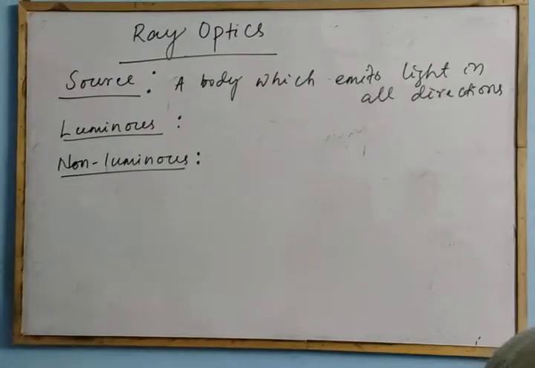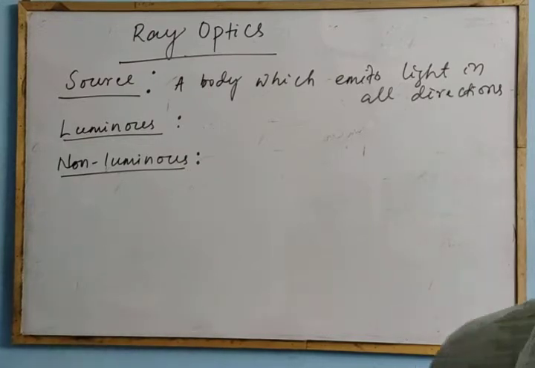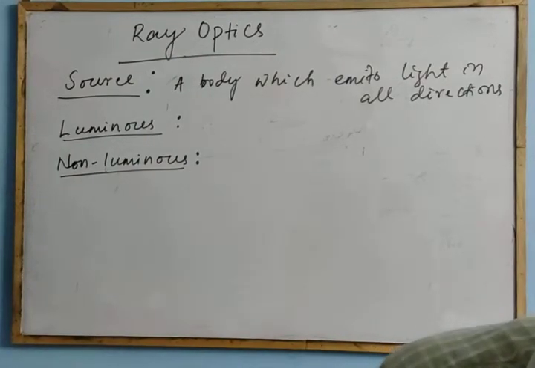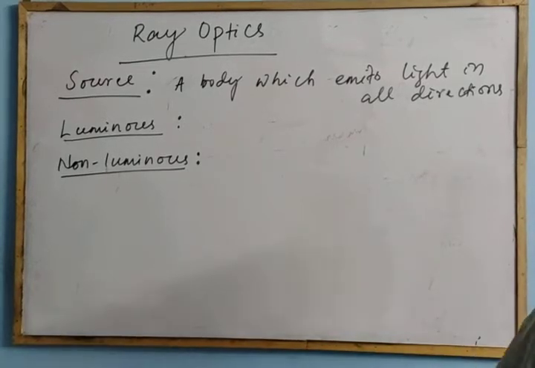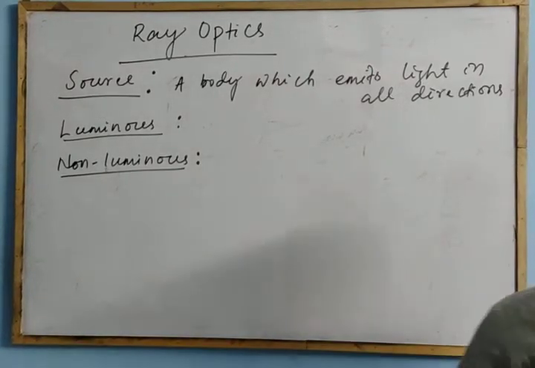So what is the luminous source? The source which produces light of its own in all directions.